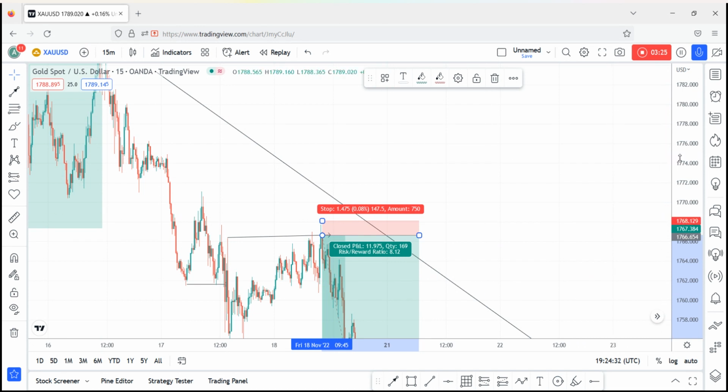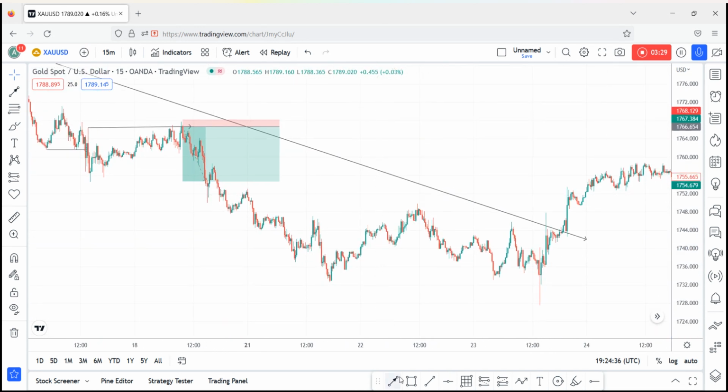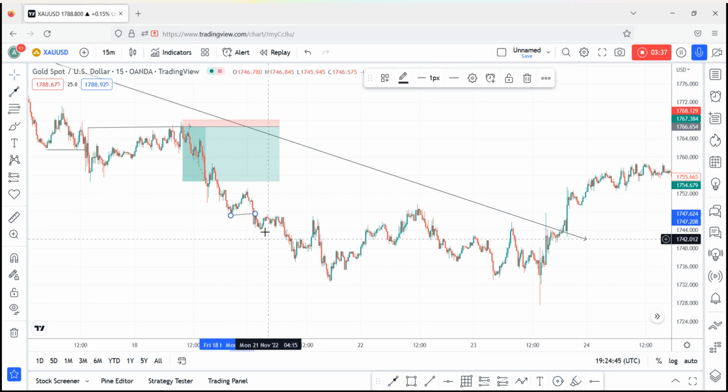Then again what happened is price again made a break of structure, again made a break of structure, but did not mitigate our demand zone or supply zone.